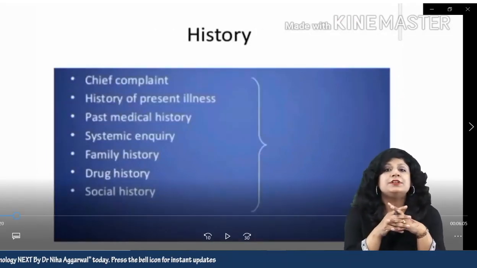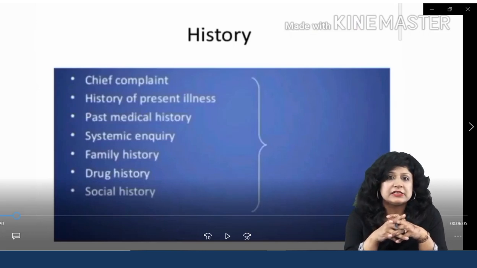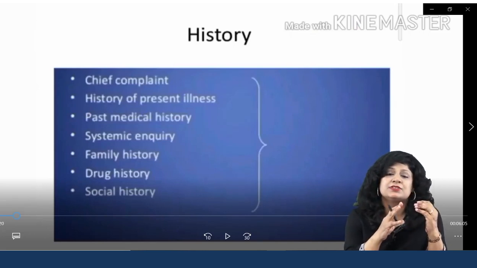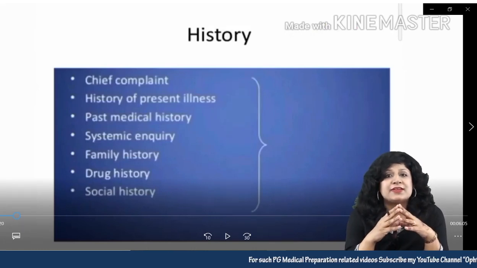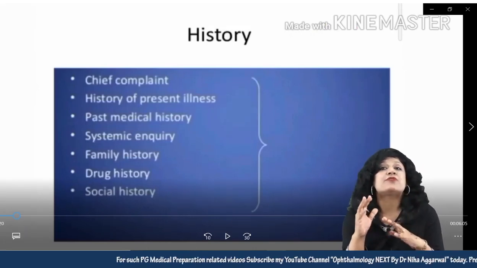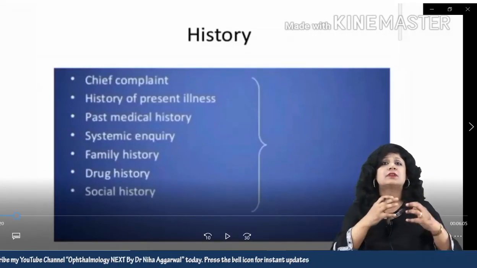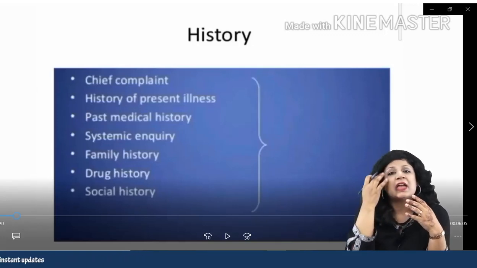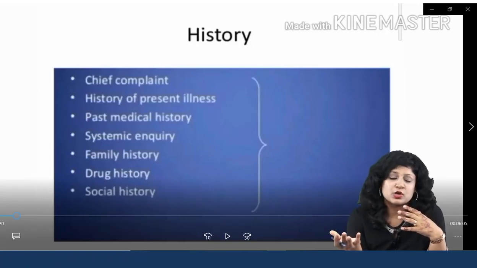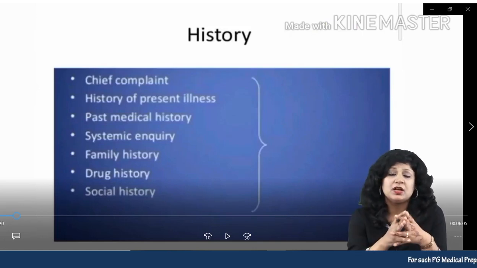Now once you have done with all the history and the personal details, next important thing that comes is your chief complaints. Now you have to be very, very specific. What is actually chief complaints? Chief complaints means what actually brought the patient to you or to the OPD, because patient may be having 100 other problems also, but they may not be so significant that will bring the patient to the OPD.